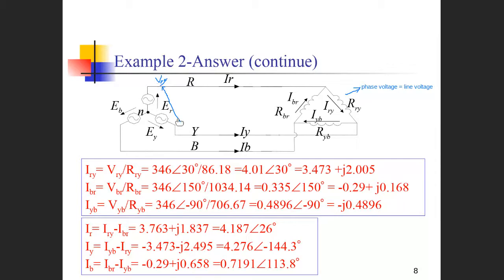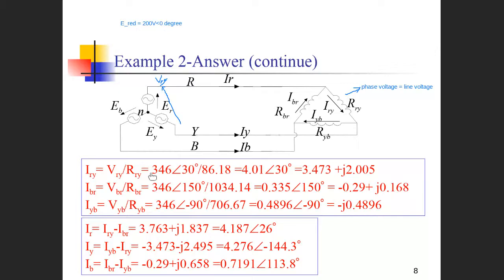Okay, so the red-yellow voltage is in this direction, which is leading the red voltage by 30 degrees. Generally, we define the red phase voltage to be 200 volts with an angle of 0 degrees.